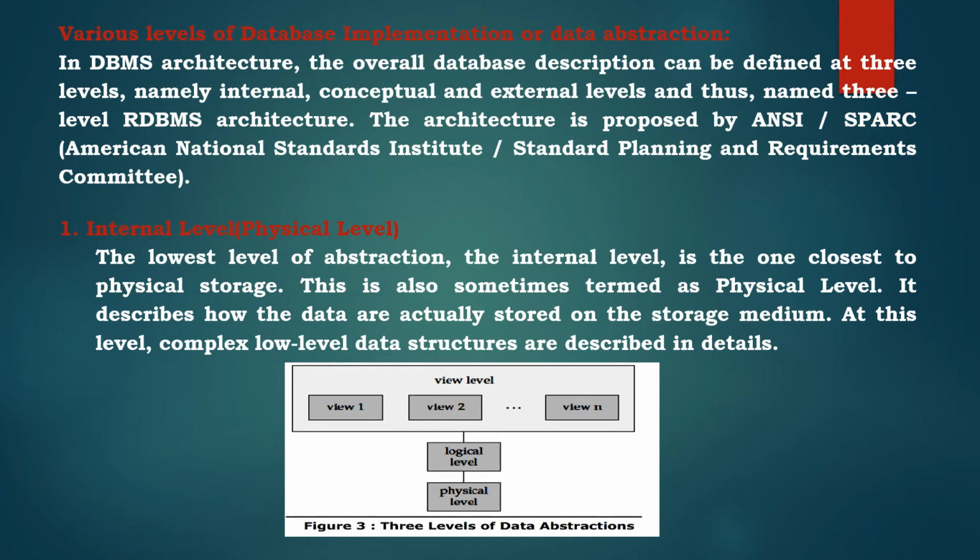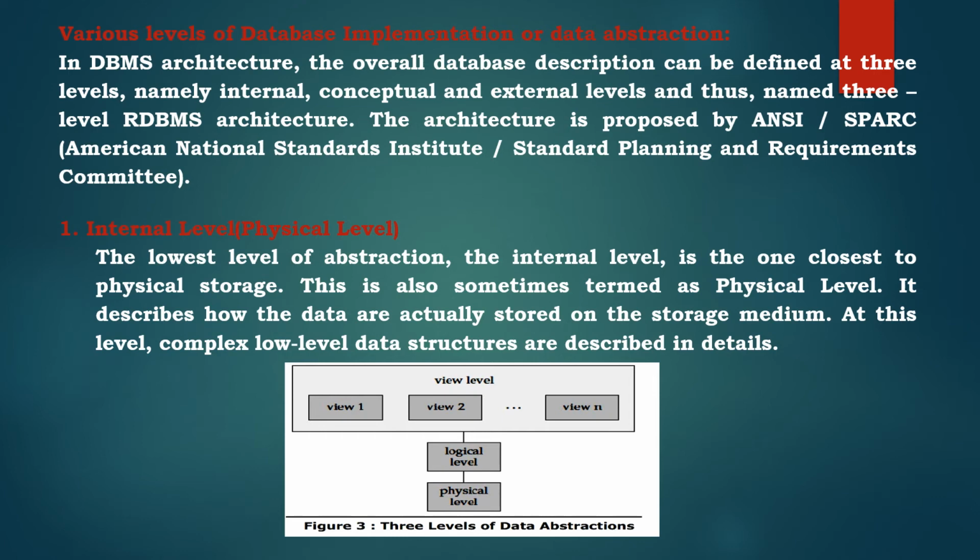In this architecture, the overall database description can be defined at three levels. What are those levels? Internal level called physical level, conceptual level called logical level, external level called view level or end users. The architecture is proposed by the American National Standards Institute and the Standards Planning and Requirements Committee.